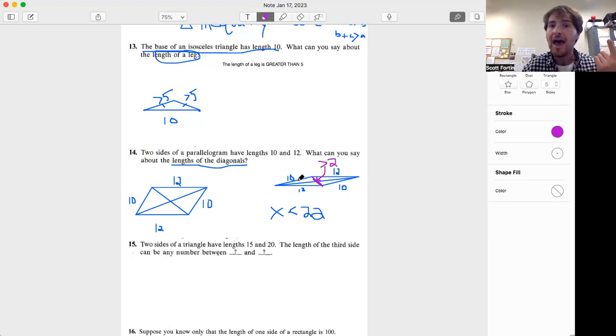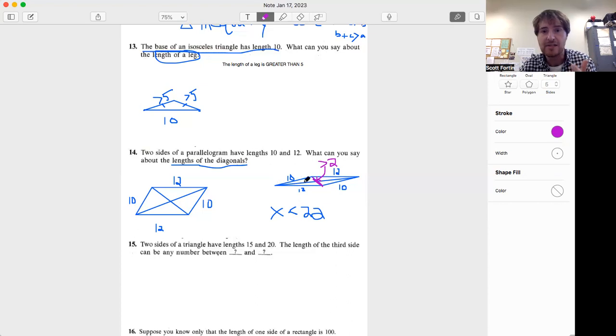Why? Well, in order to have a side length of 10 and a side length of 12, in order to form a triangle, the lengths of the two smaller sides, 10 plus 2, would have to be greater than the length of the third side here, 12. So 10 plus whatever this is needs to be greater than 12. So this here needs to be greater than 2. If it were 2, it's not big enough, right? It would be the 10 and then a 2 here, but no, I need to form a triangle, okay?